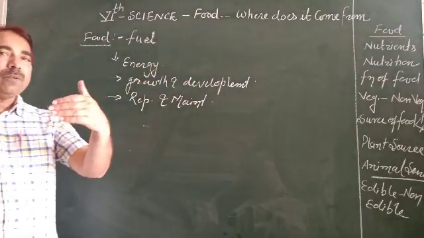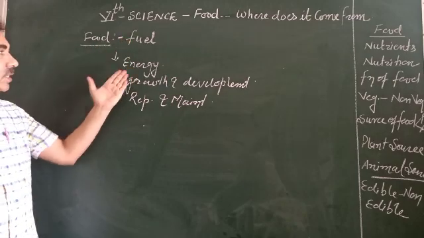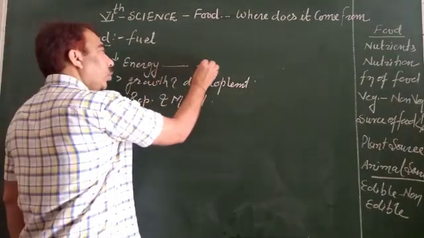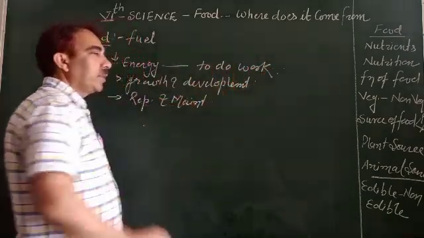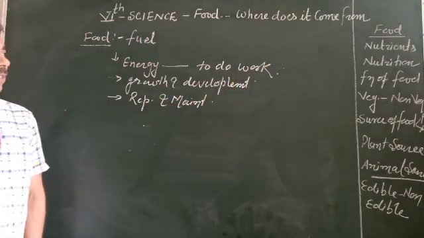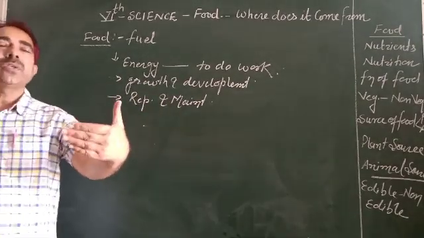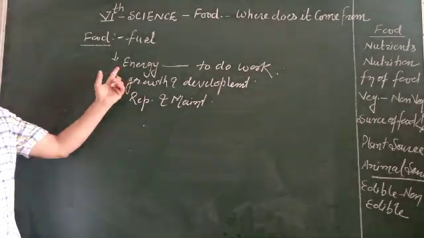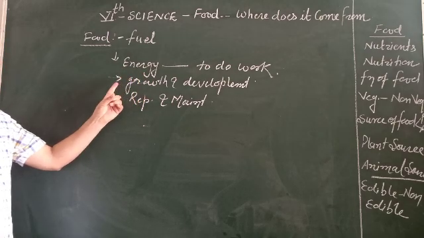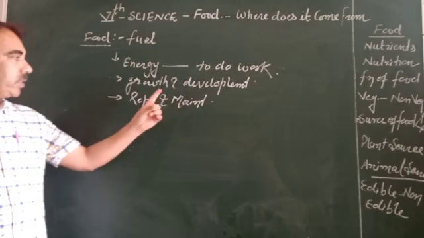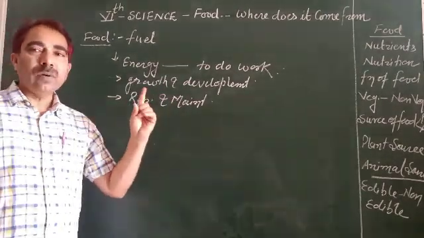Now you can easily define food. Food is a fuel which gives us energy to do work. If someone asks what the functions of food are, you can briefly state them. Food gives us energy. Food helps in growth and development. Food helps in repair and maintenance of the body.